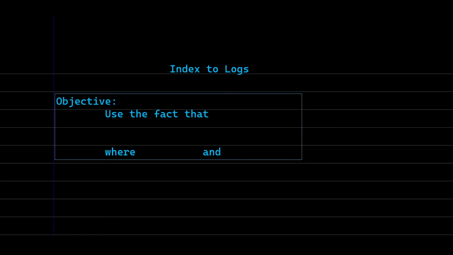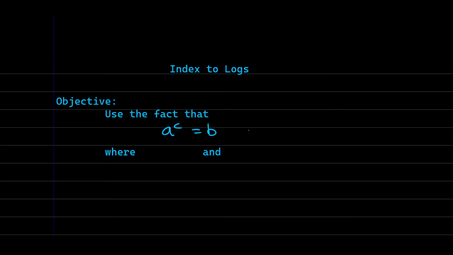Okay, so let's write this out. We're going to use the fact that a to the power of c equal to b can be converted into logs by this relationship. Base a and then b.